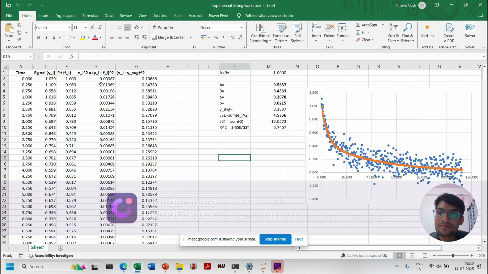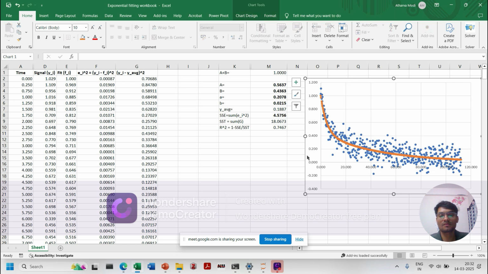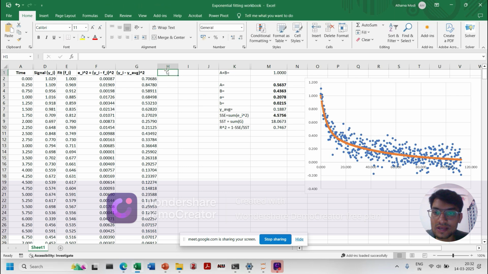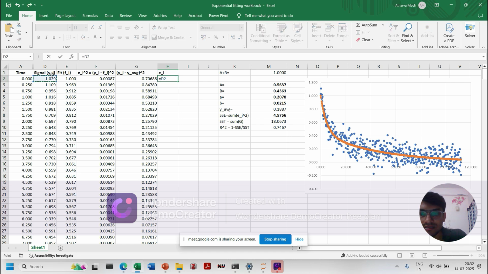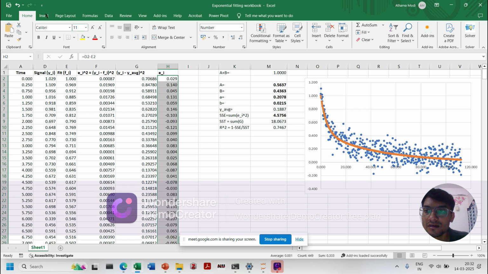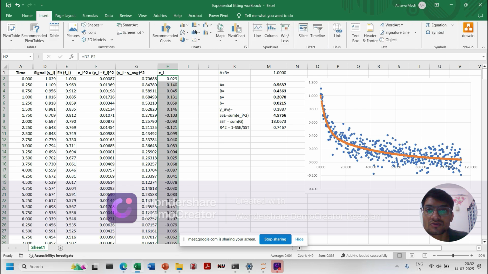This is how you check. I can also plot here the residuals, basically equal to signal minus fit, and plot a histogram of it.